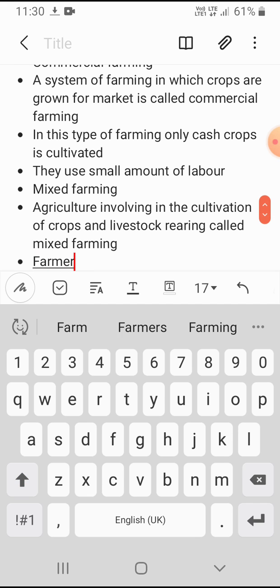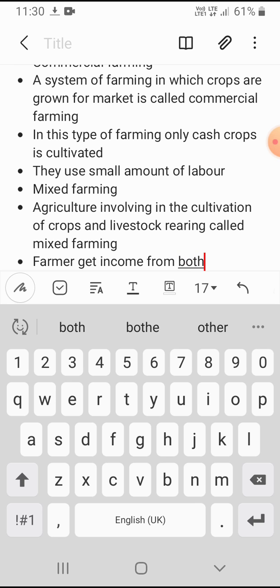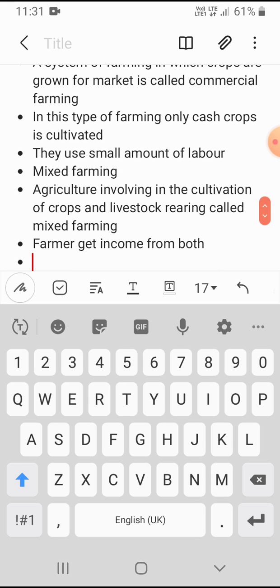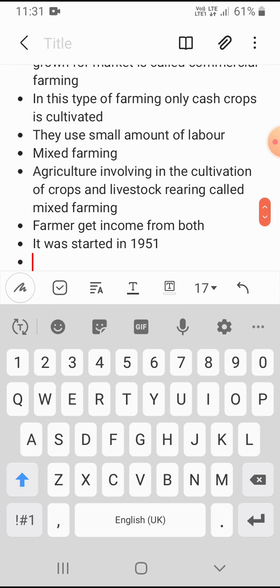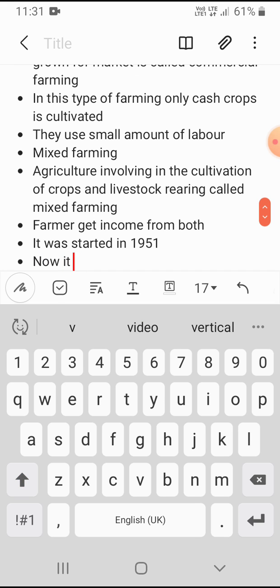Farmers get income from both. If in a farmer's family some do farming and they also have cows, by cow milk they also get money. This type of mixed farming was started in 1951, and now it has become popular in many states.